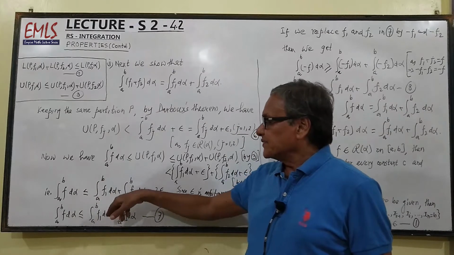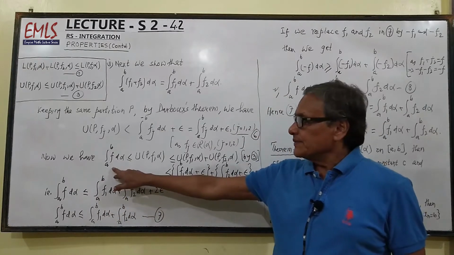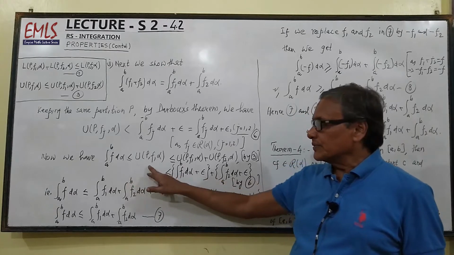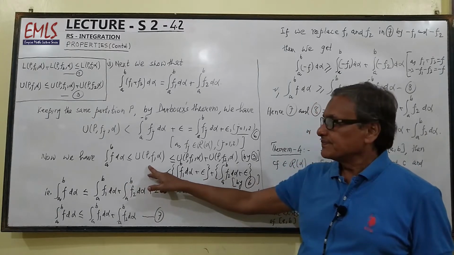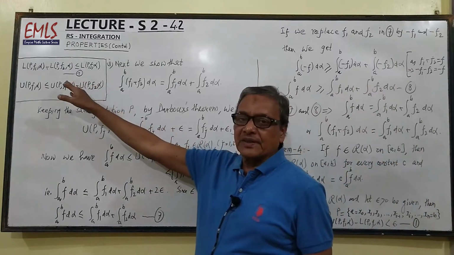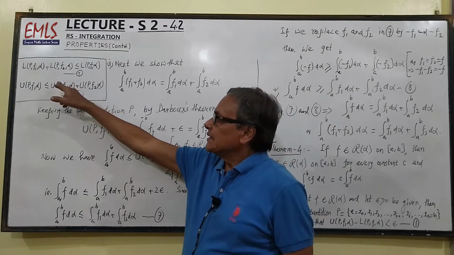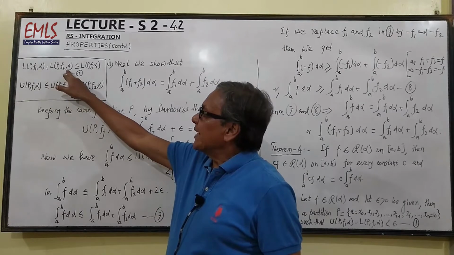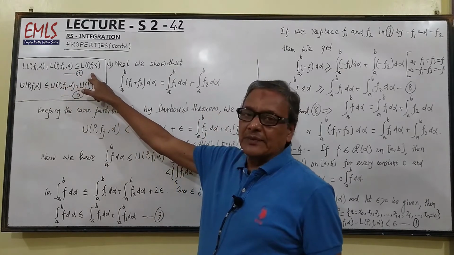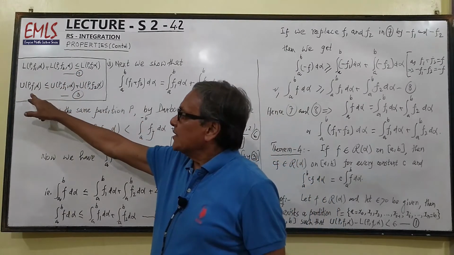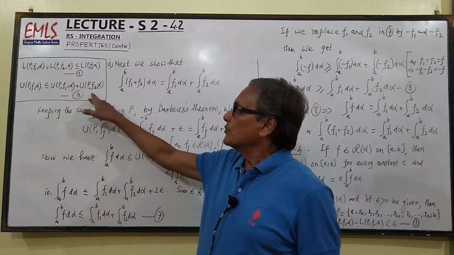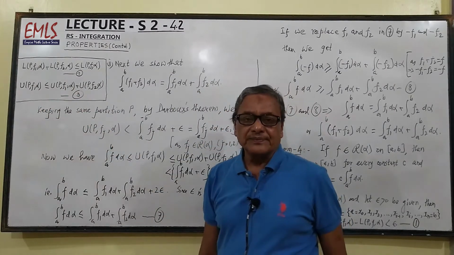Now we have the integral from a to b of f d alpha. This will be less than or equal to U(P, f, alpha). We have already proved in the last part, part 1, that L(P, f1, alpha) plus L(P, f2, alpha) is less than or equal to L(P, f, alpha), and U(P, f, alpha) is less than or equal to U(P, f1, alpha) plus U(P, f2, alpha).